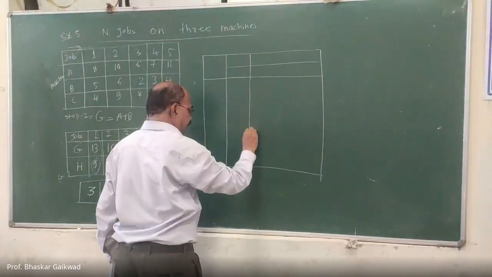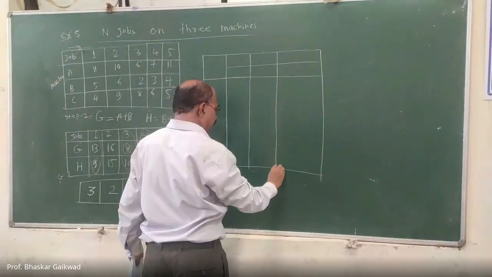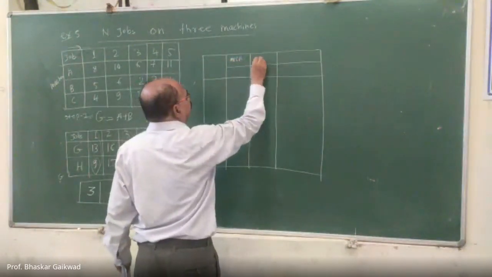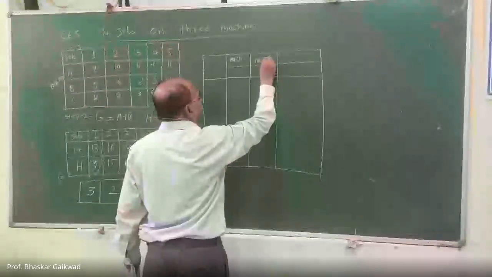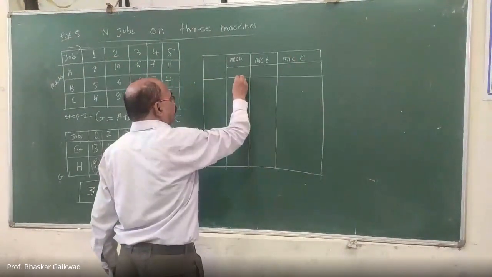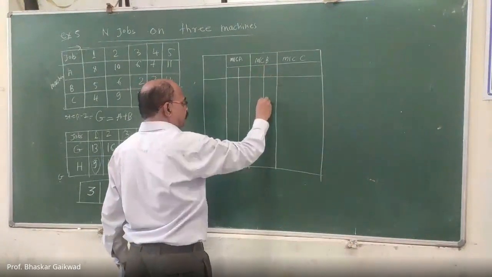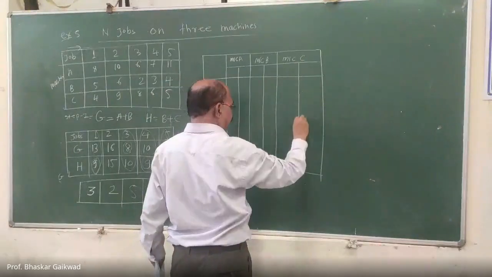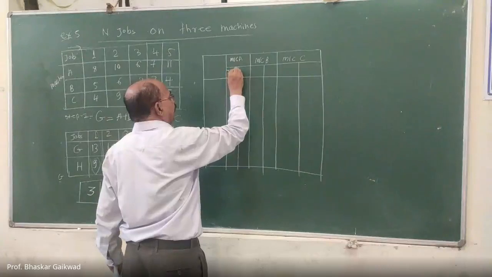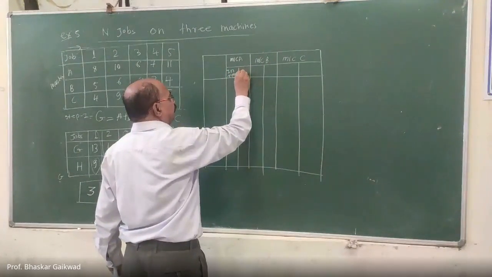This is the A machine, B machine, and after that C machine. This is the machine A, machine B, machine C. Okay, and within this, in time and out time is there. So here it is in time. Jobs will go on processing, and here is out time.